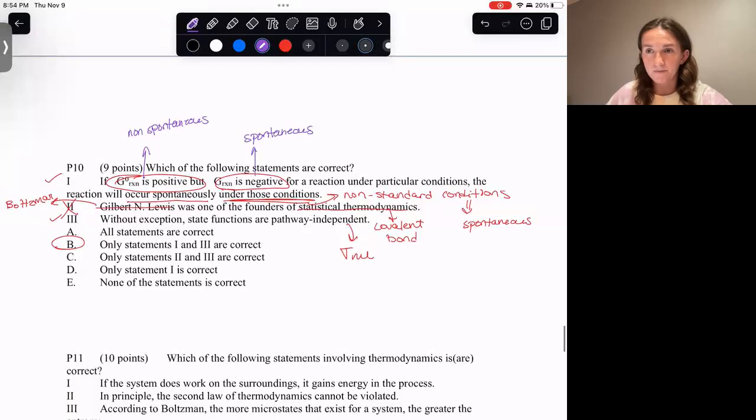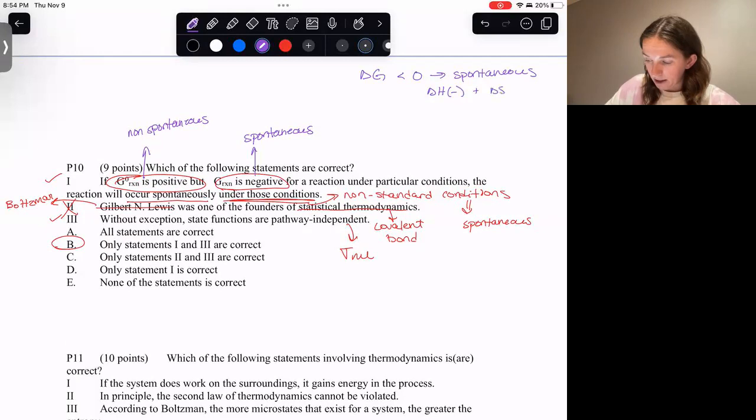If we think about the 4 conditions of delta G, you can have delta G always less than 0, and that's when delta H is negative and delta S is positive. We can have delta G greater than 0, and that's non-spontaneous, when delta H is positive and delta S is negative.